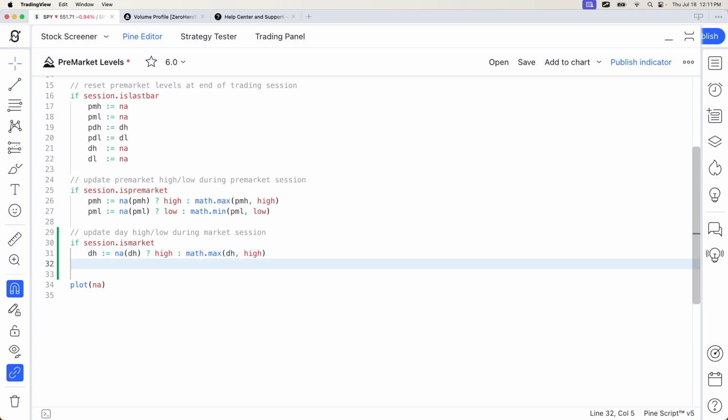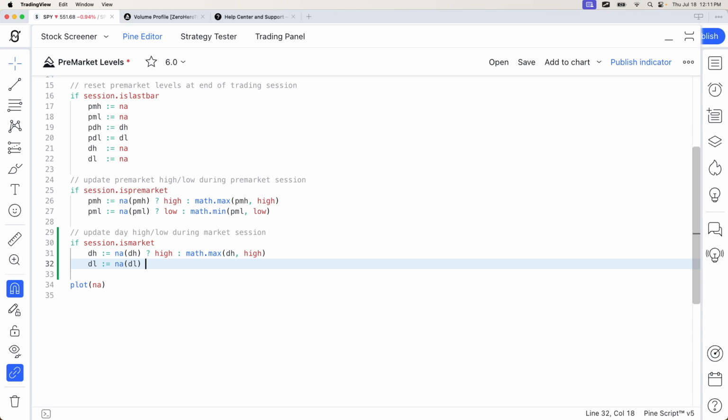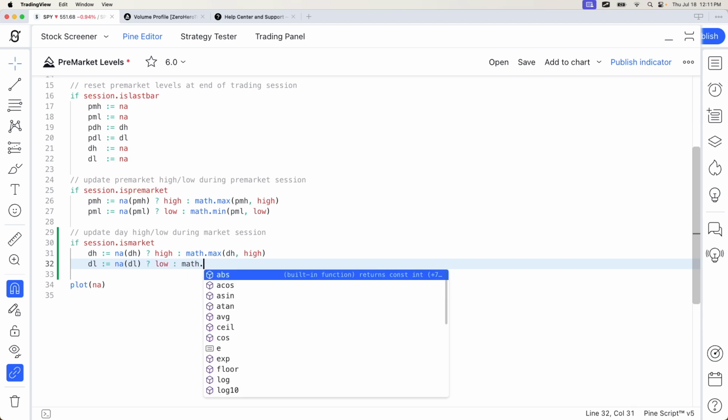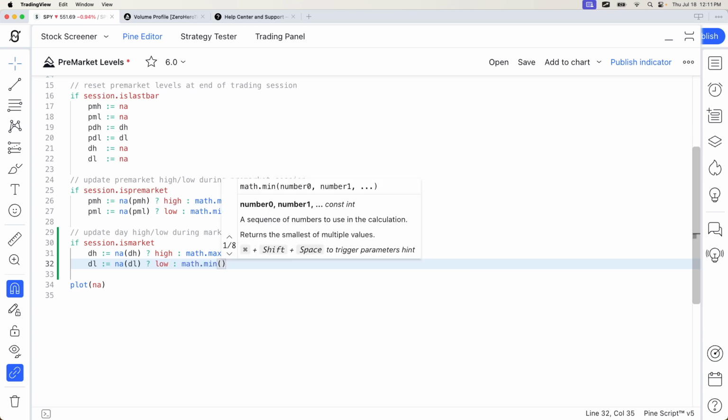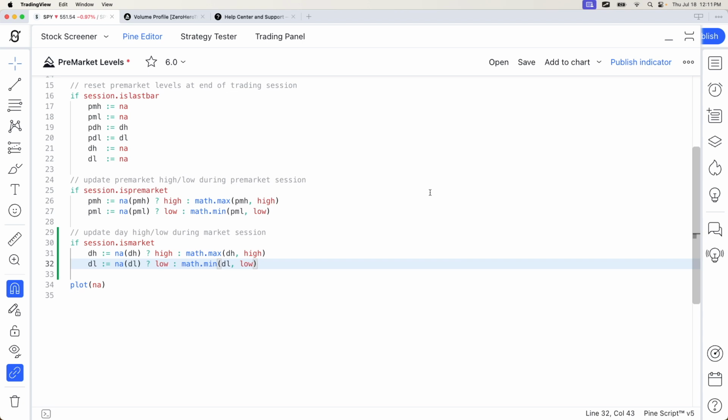Similarly, for current day low, it will be equal, if it's null, to the value low, else it will be the minimum of its current value and the current low. Let's save.